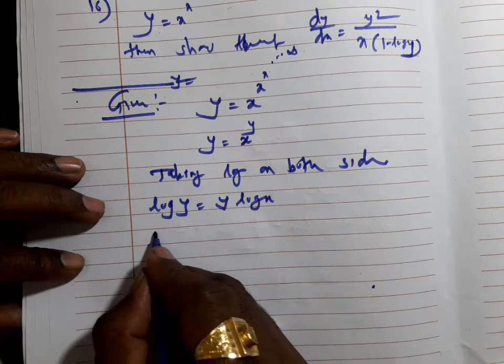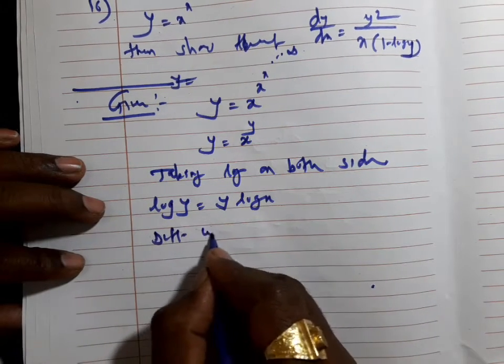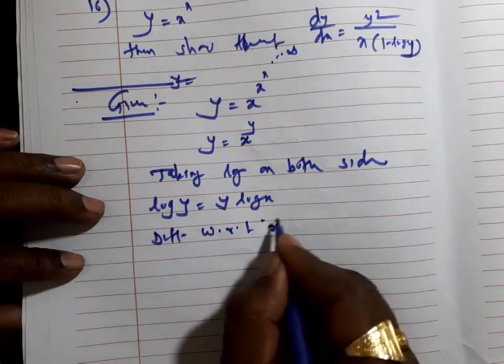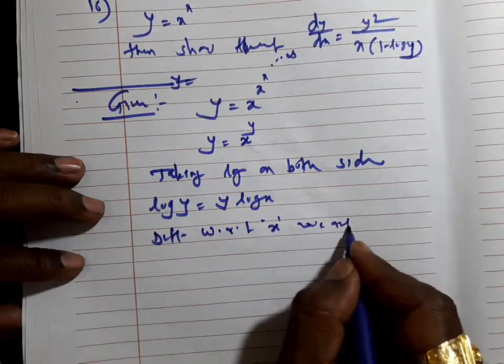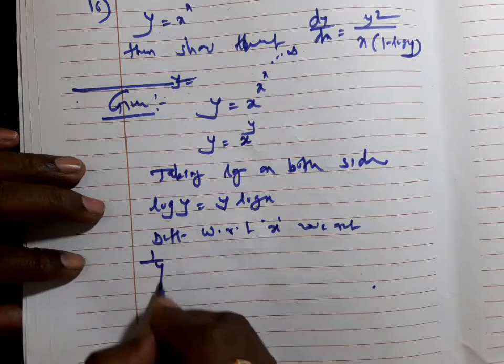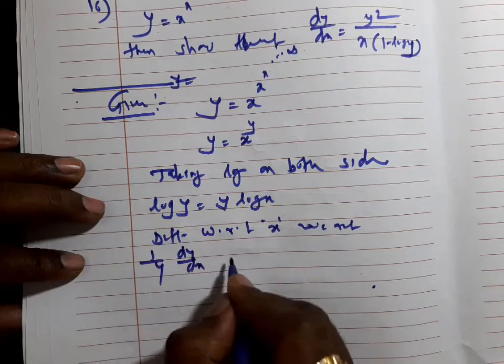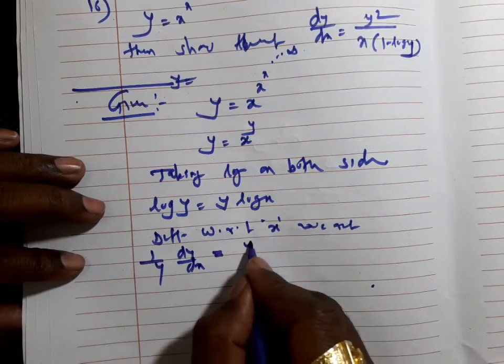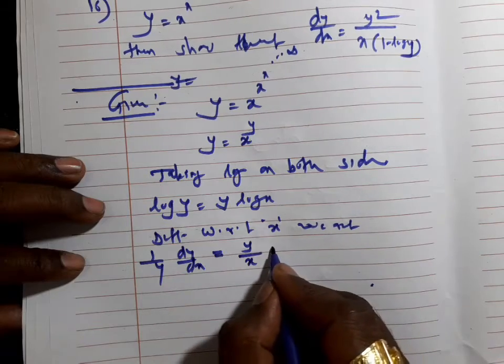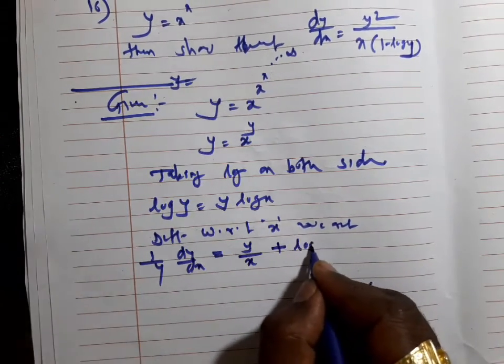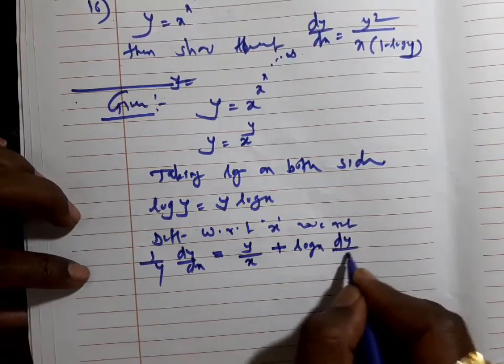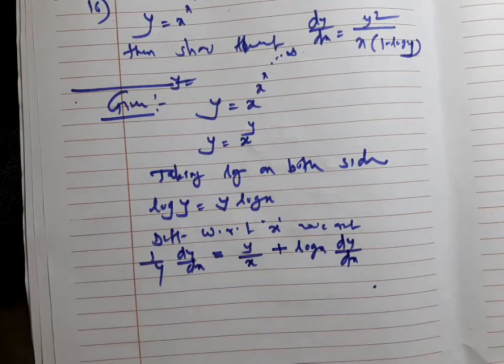Then differentiate with respect to x, we get 1 upon y dy by dx is equal to y upon x plus log x into dy by dx.